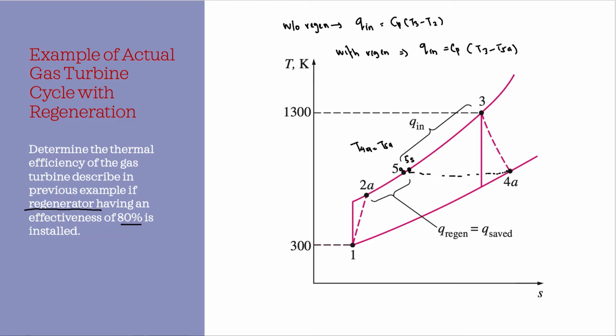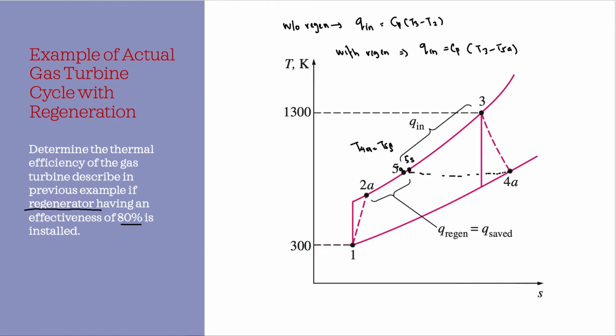You sketch 4A horizontally here and you will get T5S, sorry. Okay, and please remember that T4A is equal to T5S.